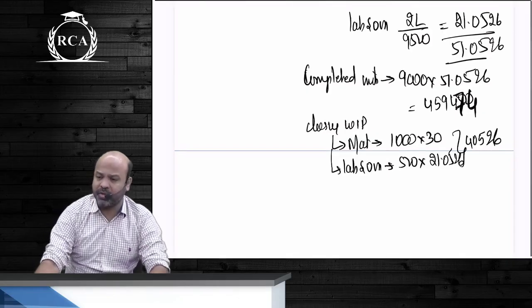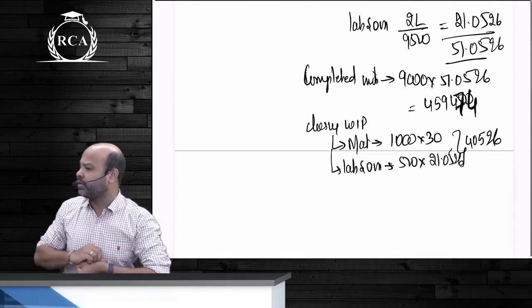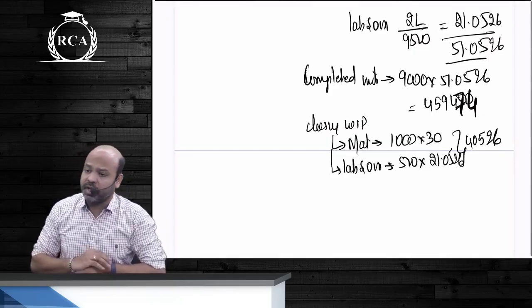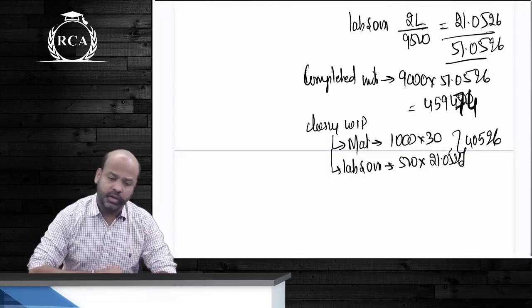The total, beta, should be equal to 5 lakhs. That is the amount of expenditure that we have incurred. ठीक है? Are you all getting the point?